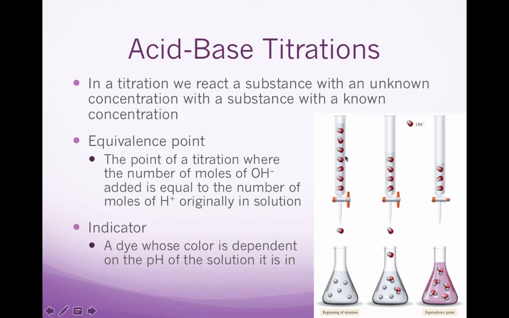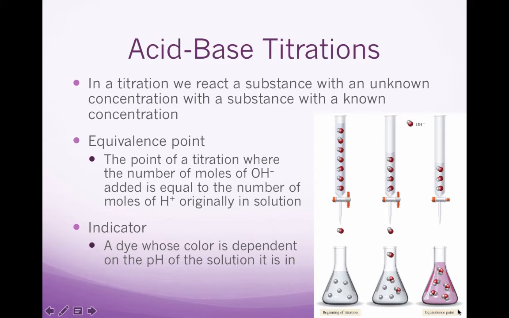Here, you'll have base in a burette, and you'll know the concentration of this base. And what you'll do is you'll keep adding base to the solution. The H+ is going to react with OH- to make water until you hit what's called the equivalence point.